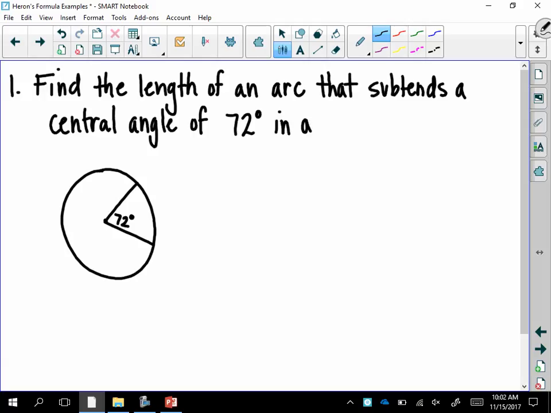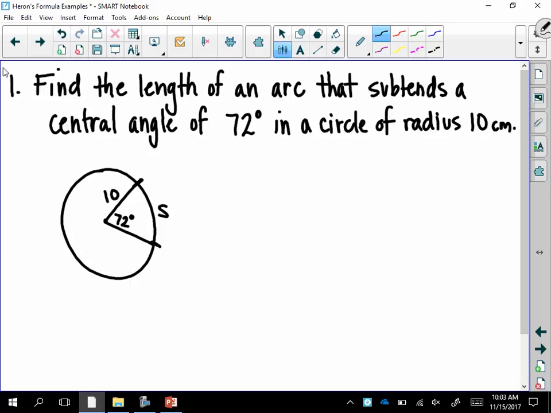In a circle of radius 10 centimeters. And then the length of the arc that subtends that central angle, that's just this arc here that's formed by that angle intersecting the circle.